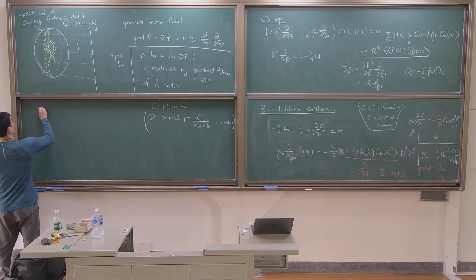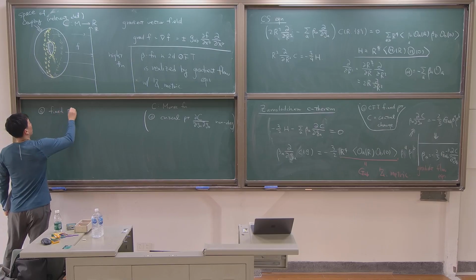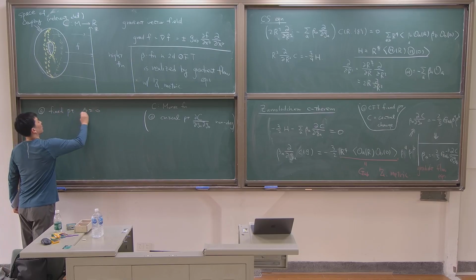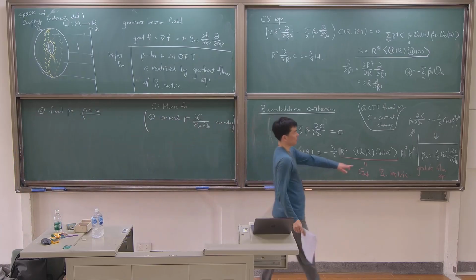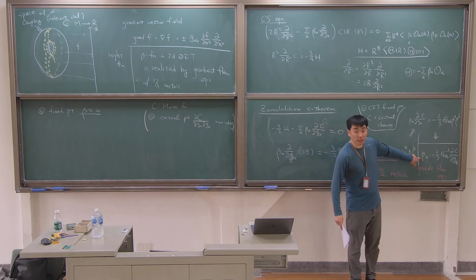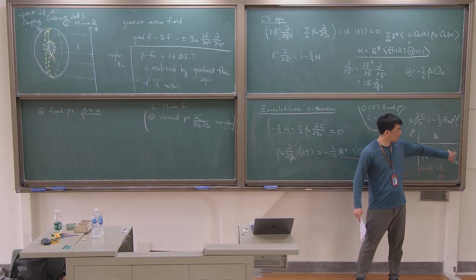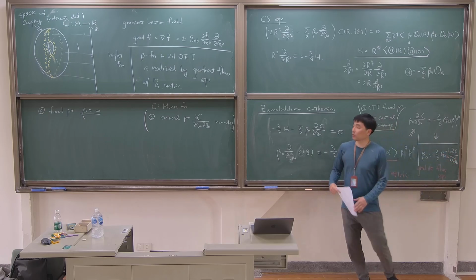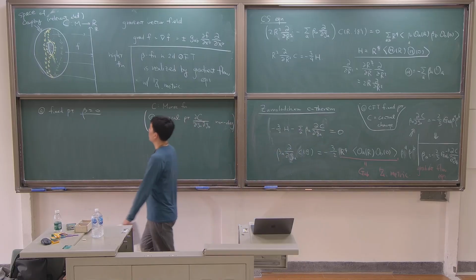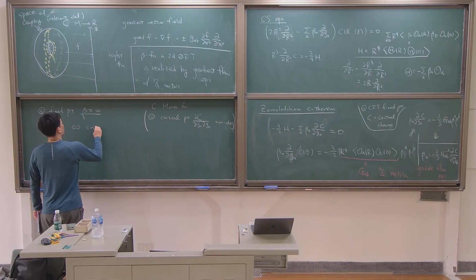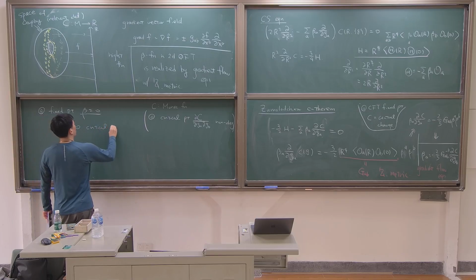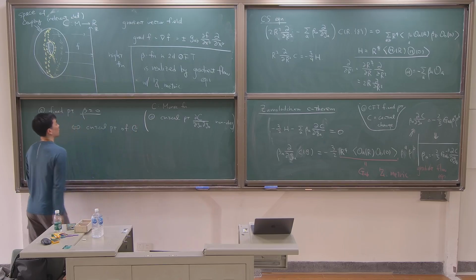And moreover, at the fixed point, the beta function is equal to 0, right? So the left-hand side is equal to 0, which means the right-hand side is equal to 0, which means that the fixed point corresponds to a critical point of the Morse function c.